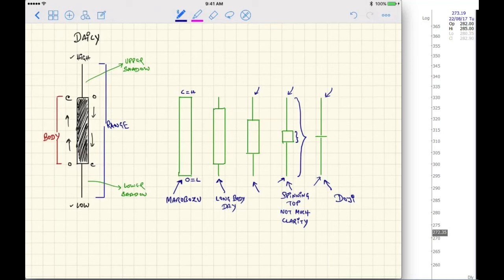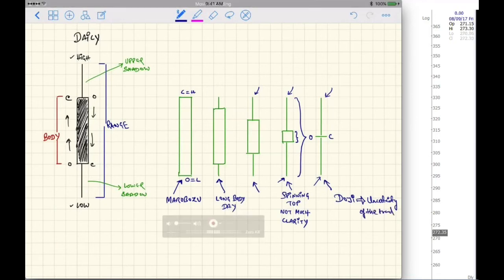Big fight between the bulls and the bears, but end of the day, no one has an upper edge. No one has an upper hand. Where was the open? There was the close. This is a doji, and a doji signifies uncertainty. Uncertainty of the trend.